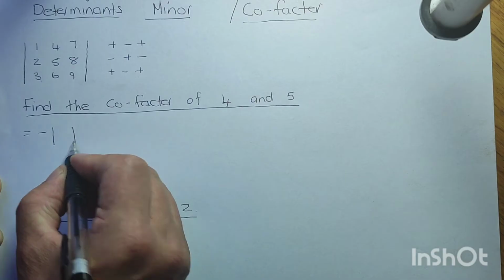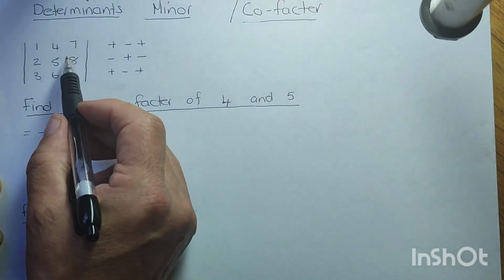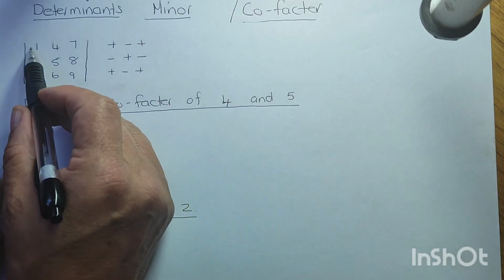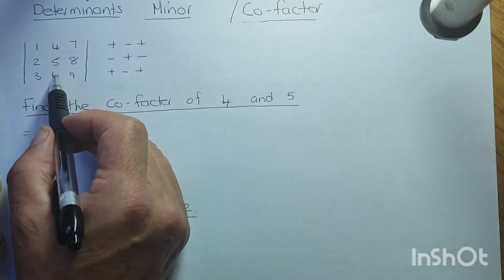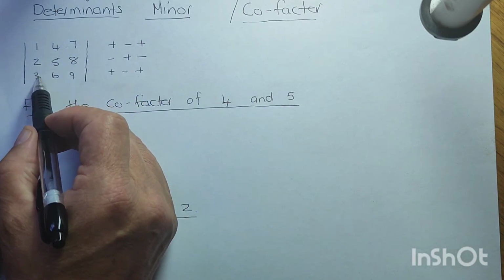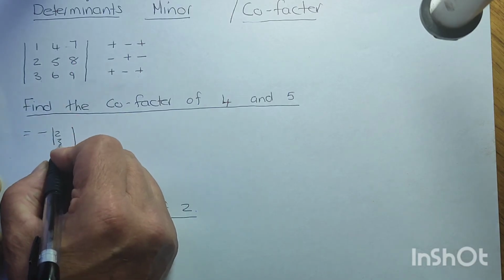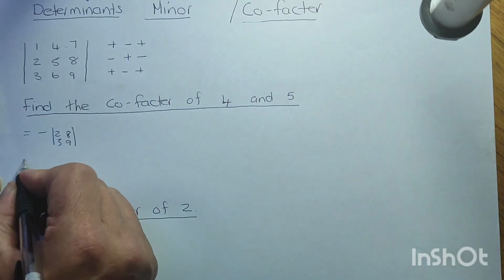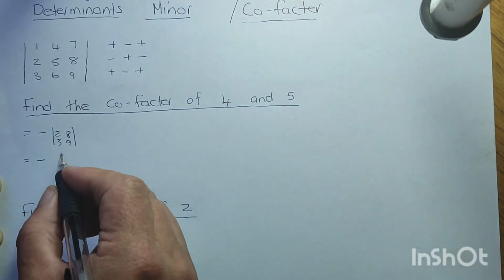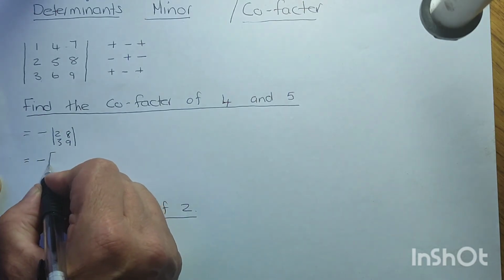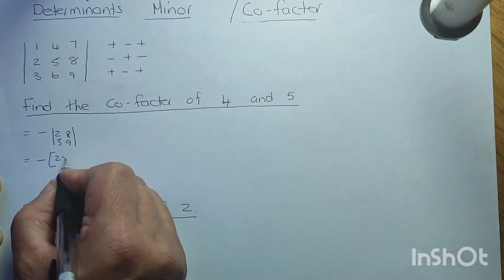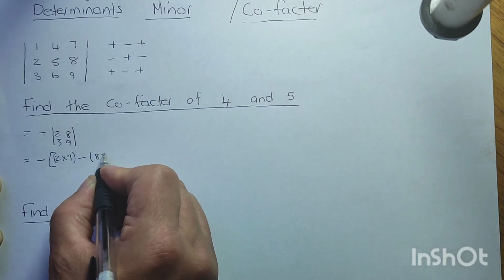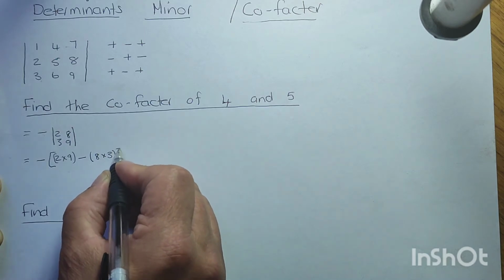I'm going to include a minus sign there, and then I'm going to eliminate the row and the column. So that means if I eliminate this row and this column, then I'll have a 2 and a 3 on that side, and an 8 and a 9. So now the minus sign stays there, and then I have to calculate 2 times 9 in a bracket minus 8 times 3 in a bracket.